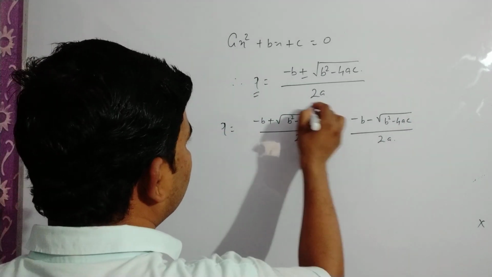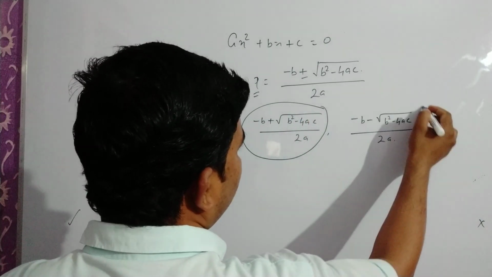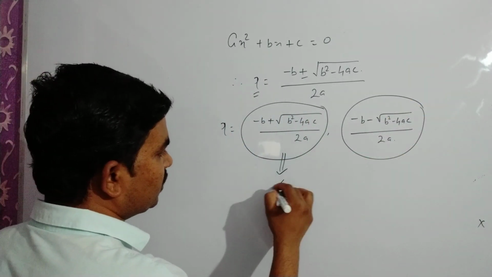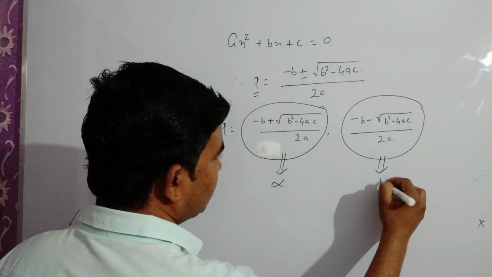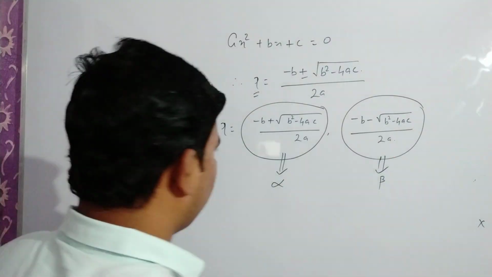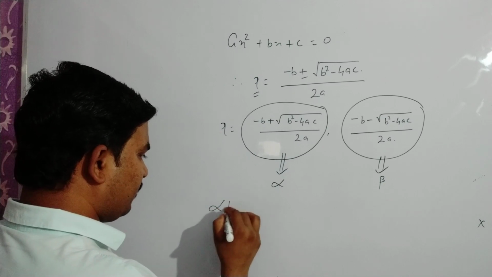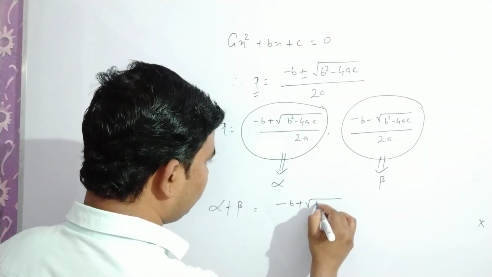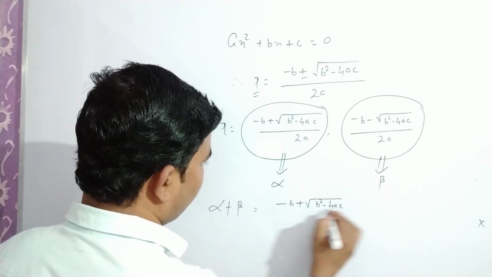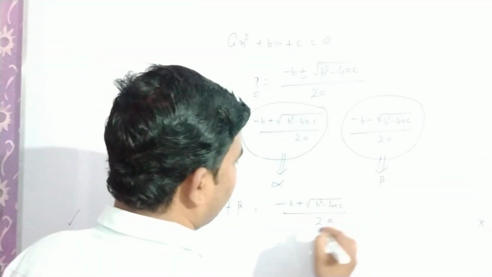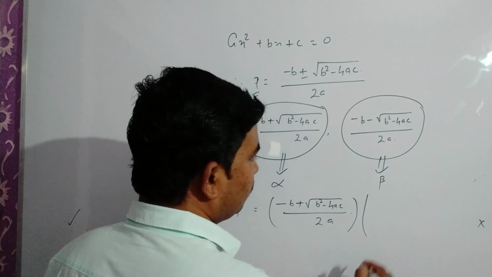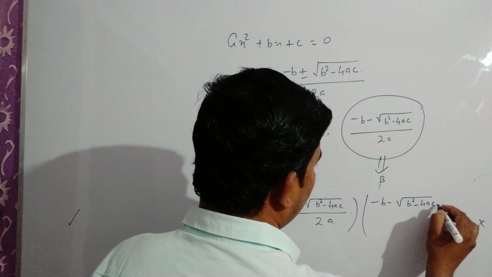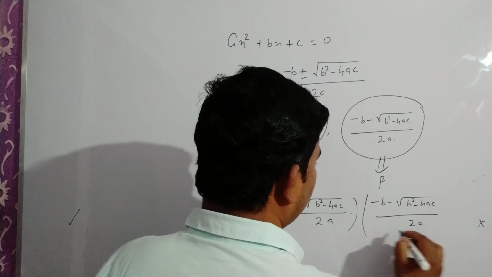If you say this root is alpha and this root is beta, then if we add them, alpha plus beta equal to minus b plus under root b square minus 4ac divided by 2a, plus minus b minus under root b square minus 4ac divided by 2a.